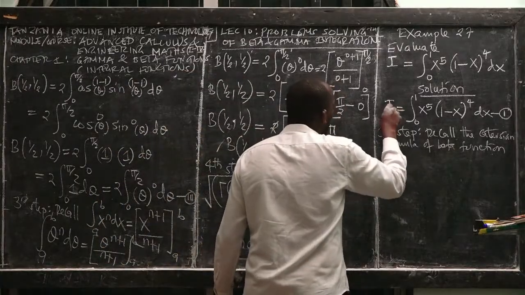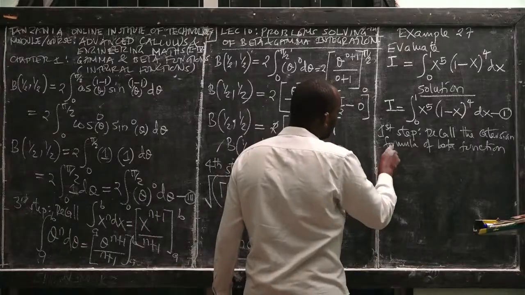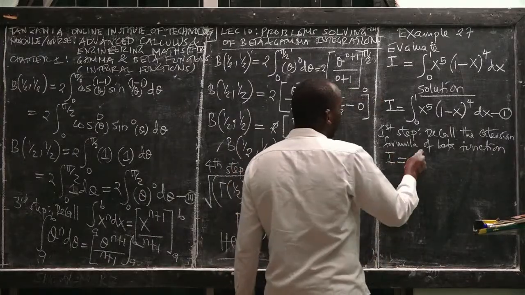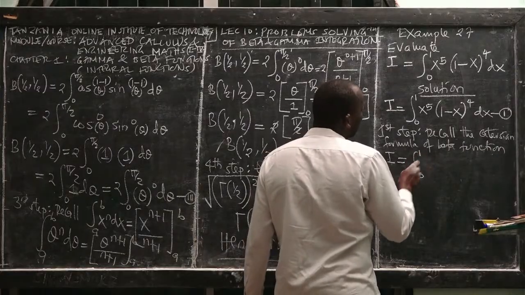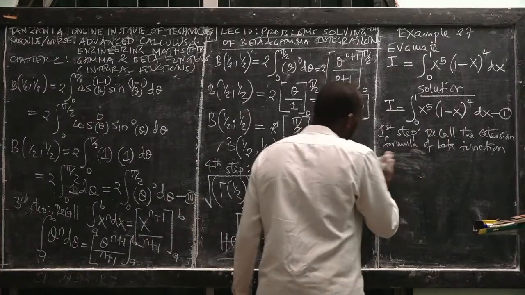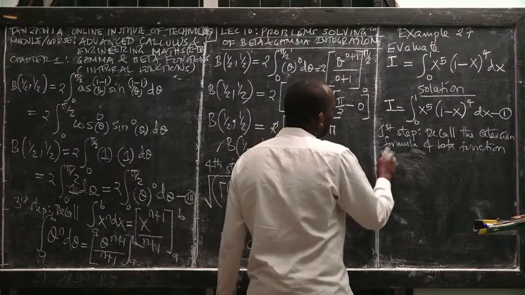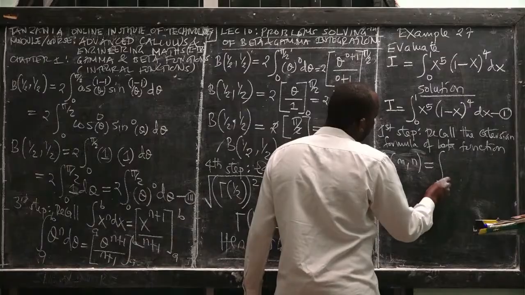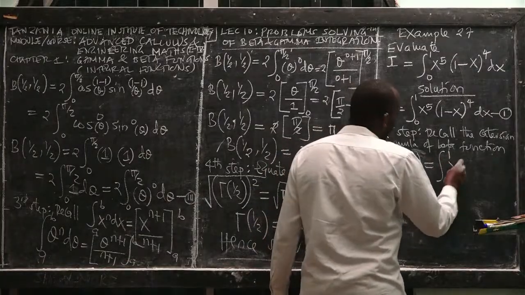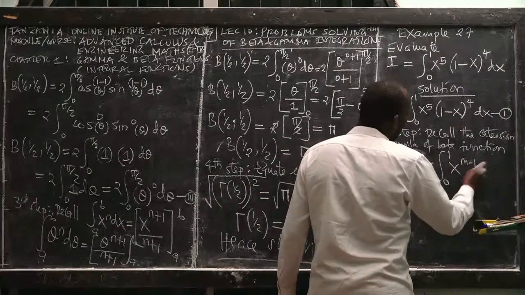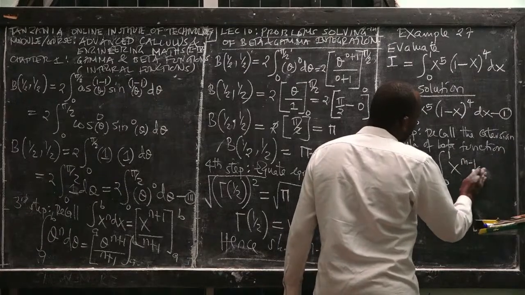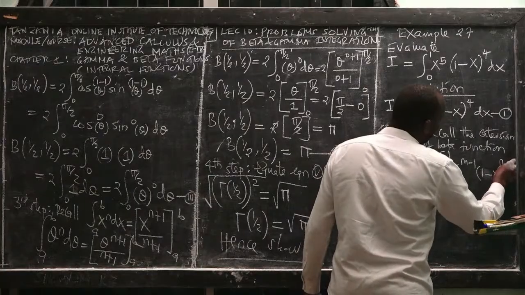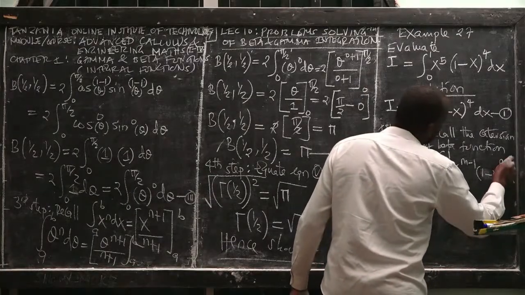So the Cartesian formula of beta function is this one. Beta of m comma n is equal to integral from 0 to 1, x power m minus 1, 1 minus x power n minus 1 dx.